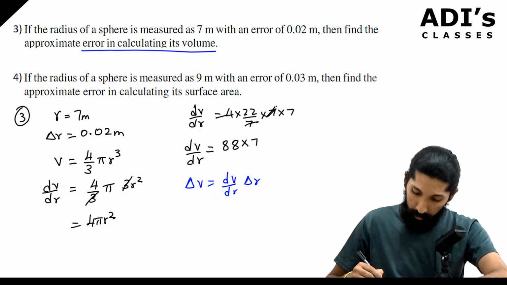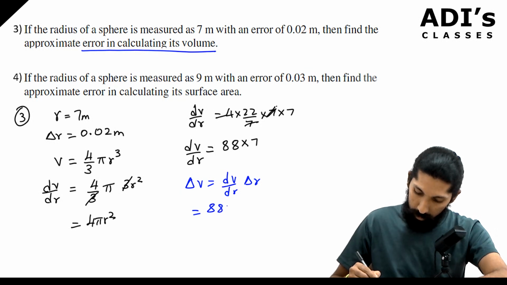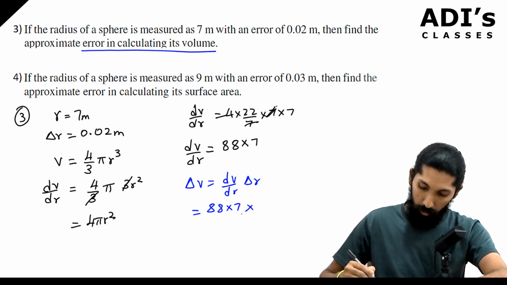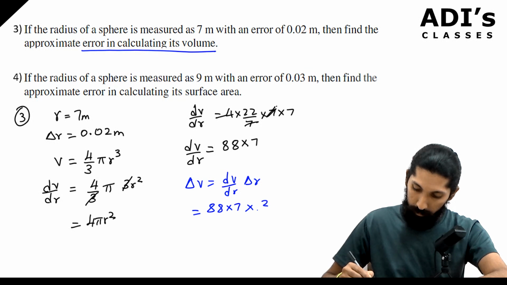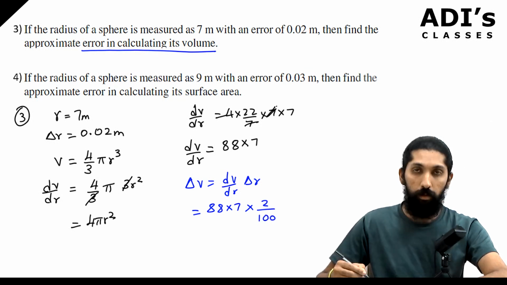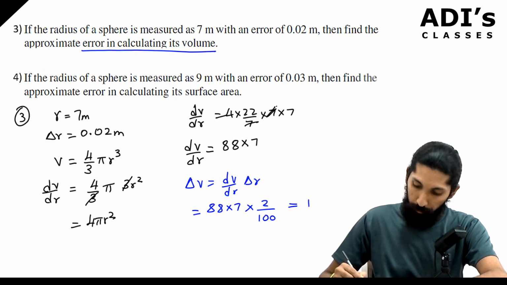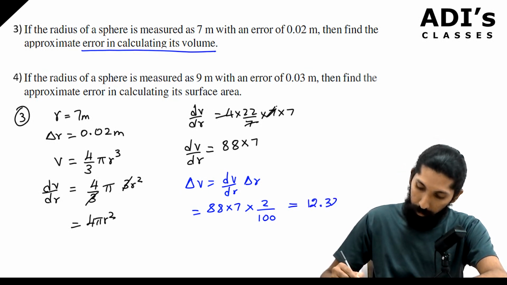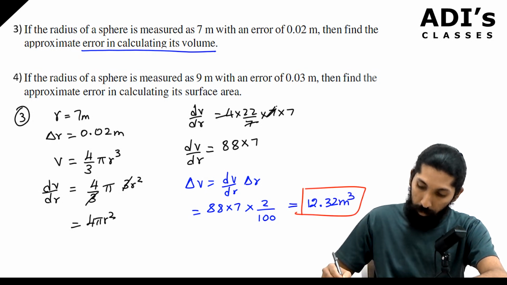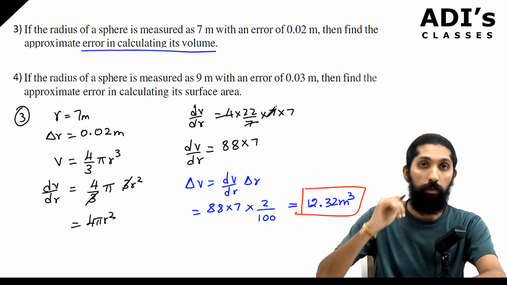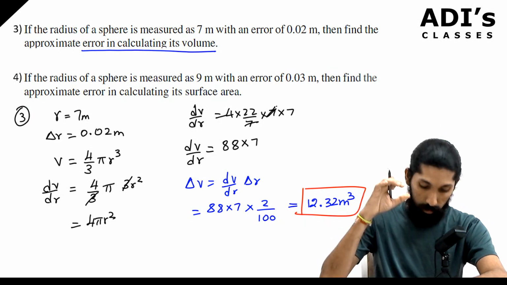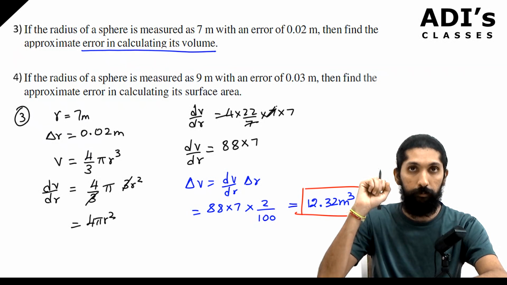So you will have 88 into 7 into 2 divided by 100, which is going to give us the answer 12.32 meter cube. So this is the approximate error in the volume. Alright, this is how you solve third one.